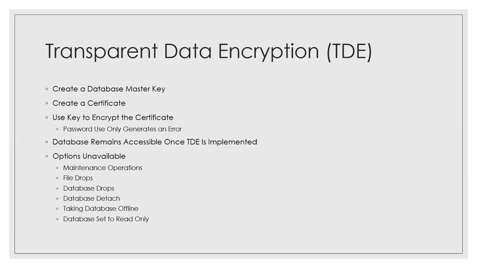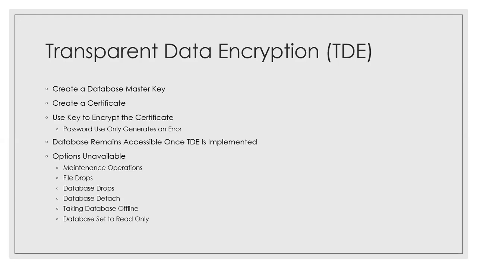So what you do is you create a database master key, then you create a certificate once you have that key, and you use that key to encrypt that certificate. So if you try to do this by password only, it will give you an error. So that's why you utilize the key to encrypt the certificate. And then once you do that, the database remains accessible once this process is implemented.